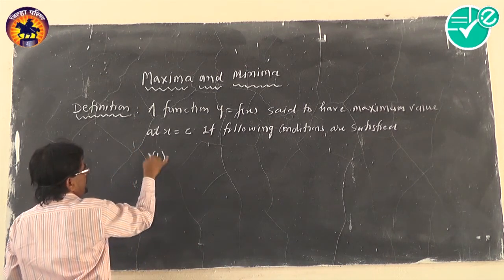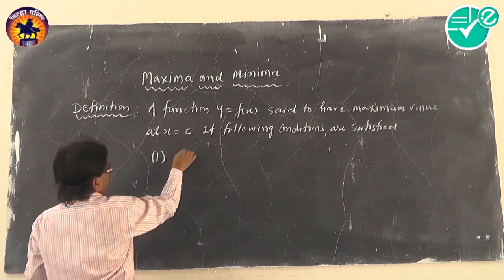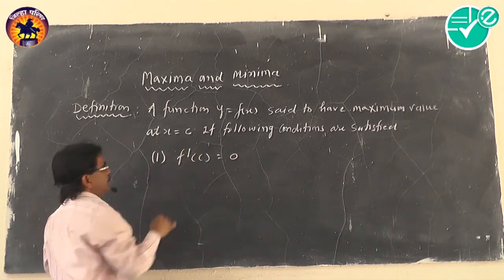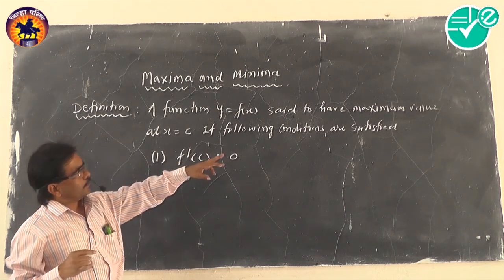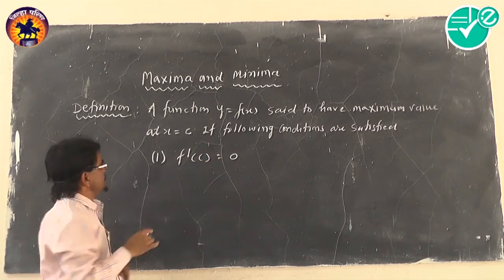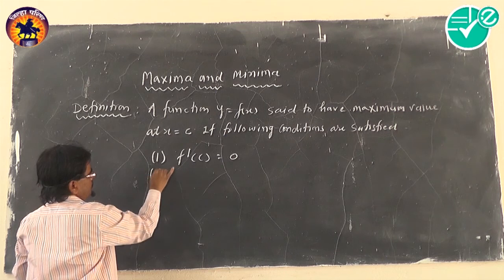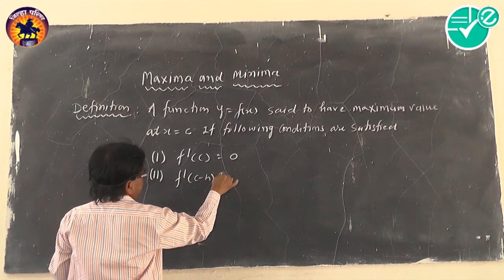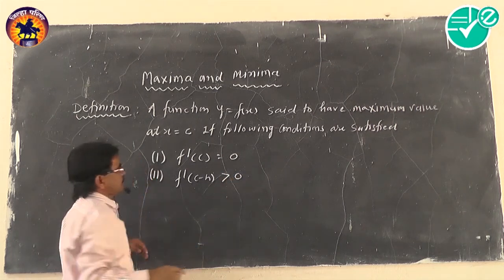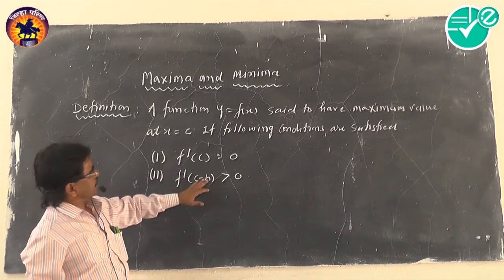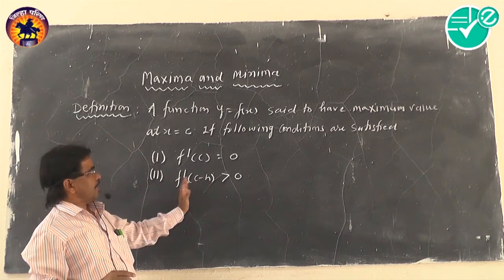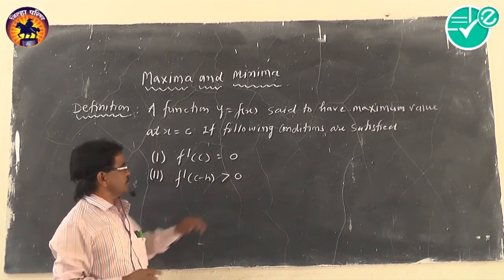Number 1, f dash of c is equal to 0, means first derivative at the point c is 0. Number 2, f dash of c minus h is strictly greater than 0, means derivative at left side of c is greater than 0.